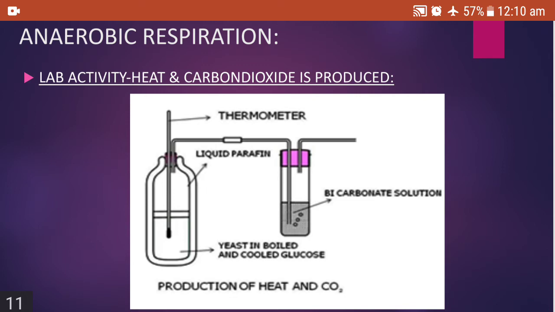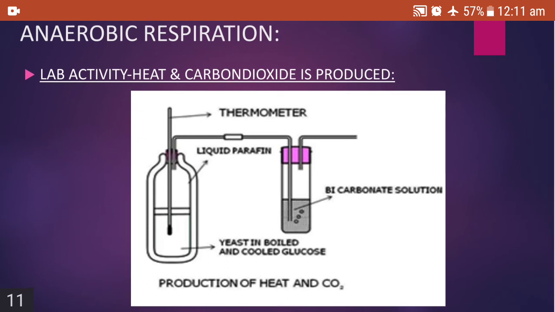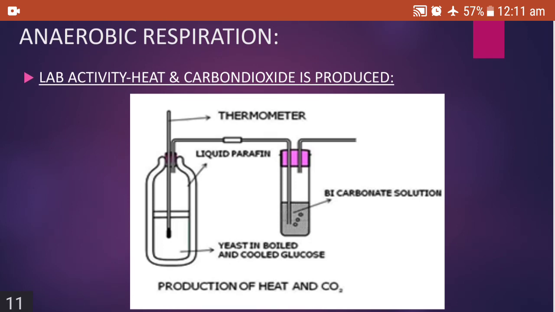We also add a 1 centimeter layer of paraffin wax so that no oxygen enters into it. We fix it as shown in the slide and we insert a thermometer and a bent tube. The other end of the bent tube is in a test tube containing sodium bicarbonate solution, or say lime water. Now we leave the apparatus for some time.